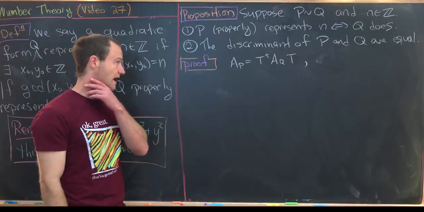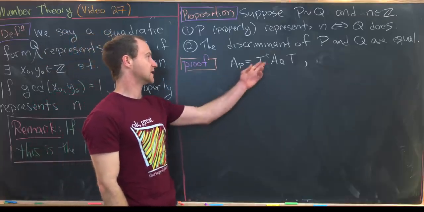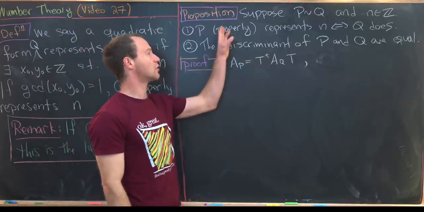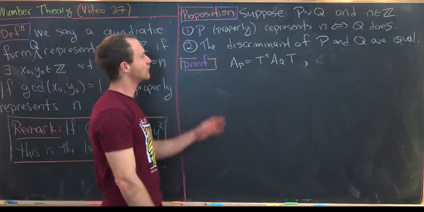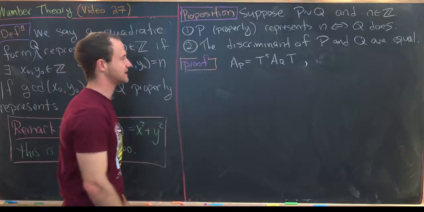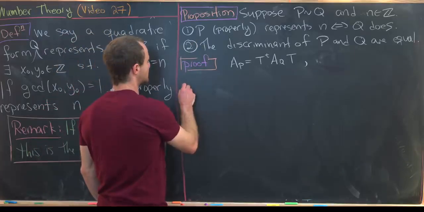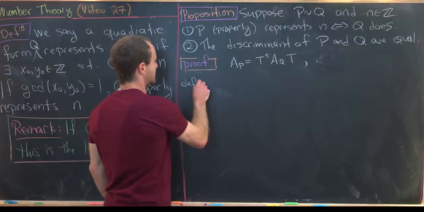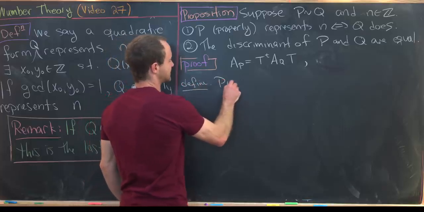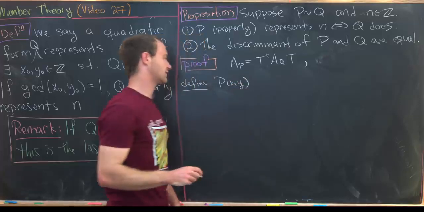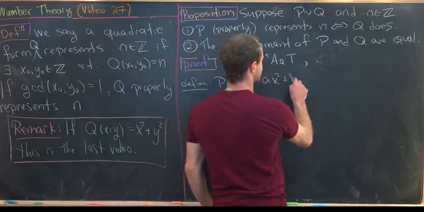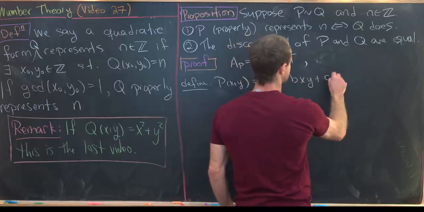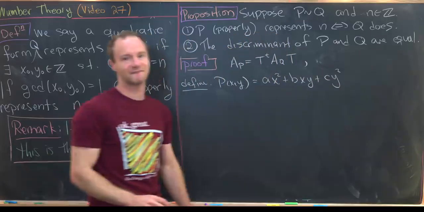So let's recall that on the last board, we had this equivalence of our two quadratic forms in terms of this matrix equation. Now we want to claim that their discriminants are the same. So let's first define some coefficients to build our quadratic form P of x, y. Let's say that's equal to a x squared plus b x y plus c y squared.